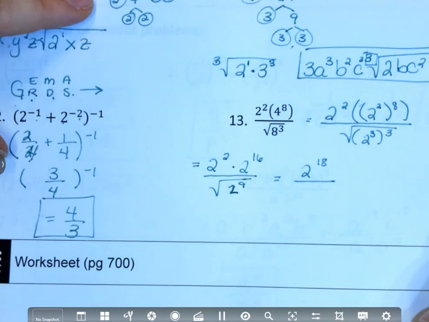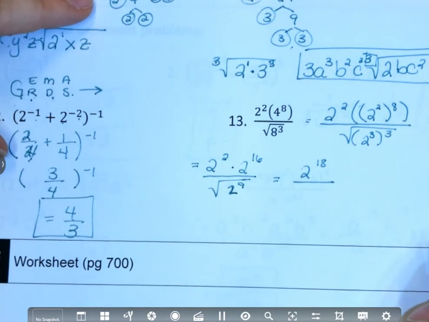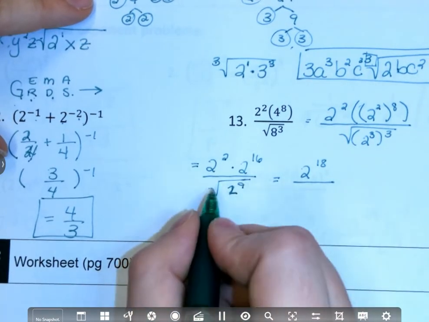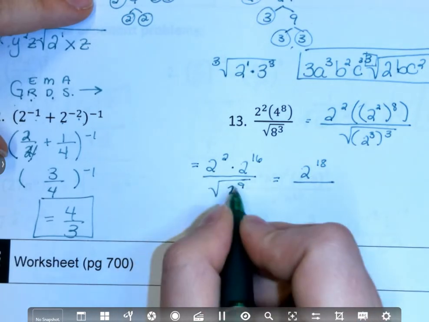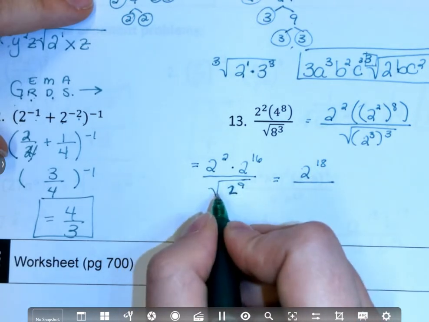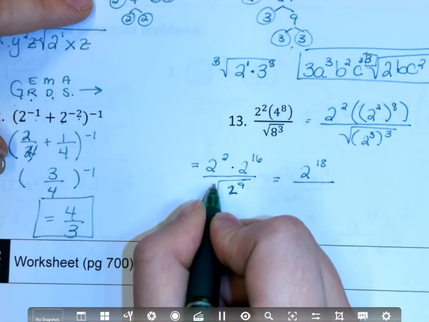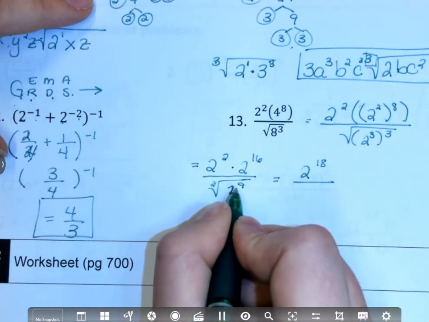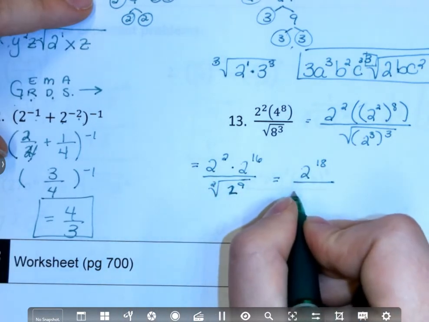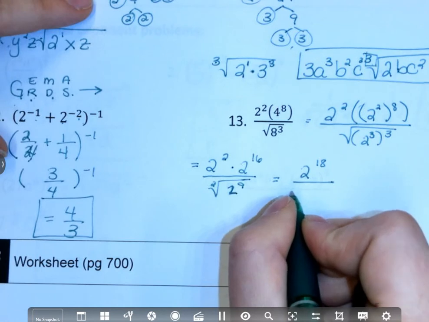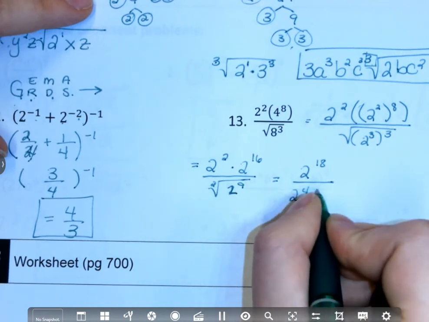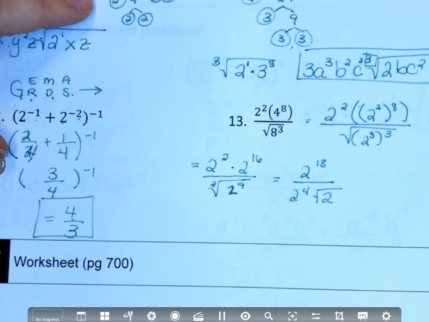And you can deal with this a couple of different ways. I'm going to do this by simplifying my radical. What is this power right here? 2 goes into 9 how many times? 4 times with 1 left over.